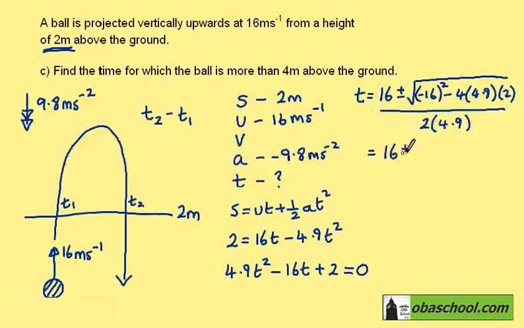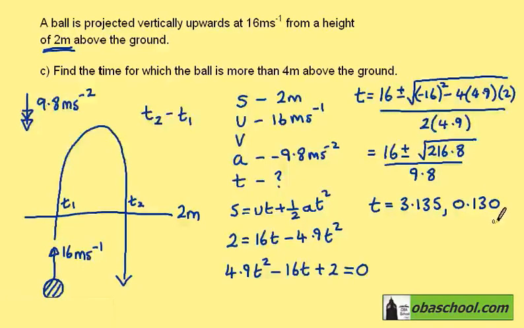This is 16 plus or minus the square root of 216.8, all divided by 9.8, and calculating this gives 2 times. We get 3.135 and 0.130.